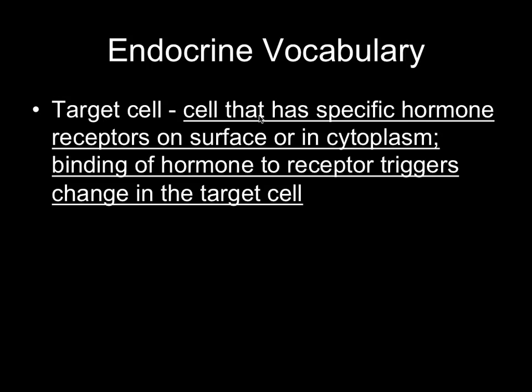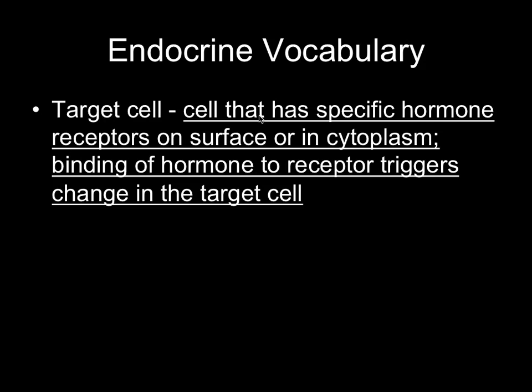So what happens is the hormone will come in and lock in with those receptors. Not all cells have receptors for all hormones. So this way only the cells that are supposed to be receiving the message actually get the message. What the binding does is it triggers biochemical changes within the target cell itself.